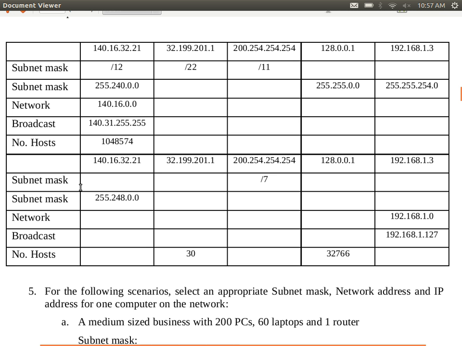For simplicity or for brevity, we can have another notation for the subnet mask. Because the subnet mask is always a sequence of ones followed by zeros, how many ones? 13 in this case. So we have this third notation called the slash notation.